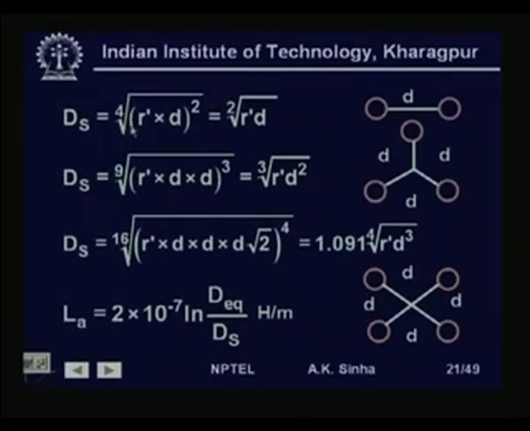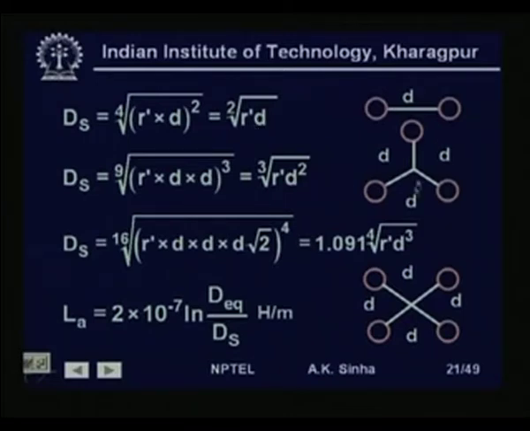So, we have got the 4th root of r dash into d square, which comes out to be square root of r dash d. Now, this d will be normally around 40 centimeter to 45 centimeter, or about 10 times the radius of the subconductor, and therefore, this square root of r dash d is going to be much larger than r dash.